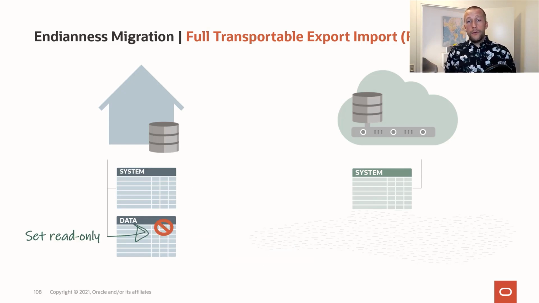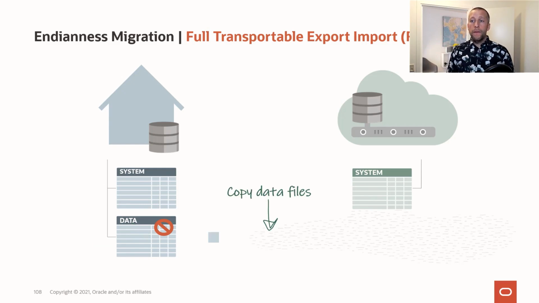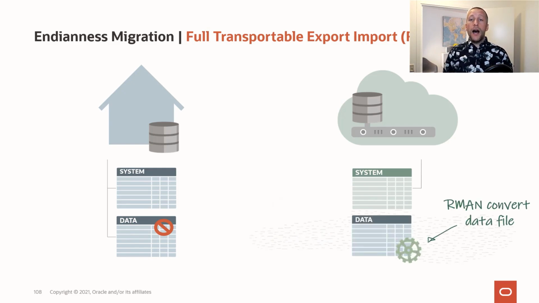When I need to migrate the database, I start by setting the data tablespace in read-only. The source database is still online, but since the user data tablespace is read-only, it does in effect mean that I have downtime. I can then copy the data files to the target database. I can then use RMAN to convert the data file.